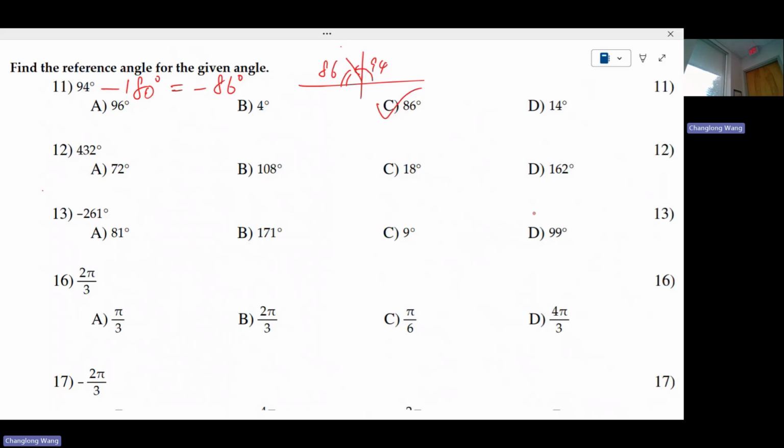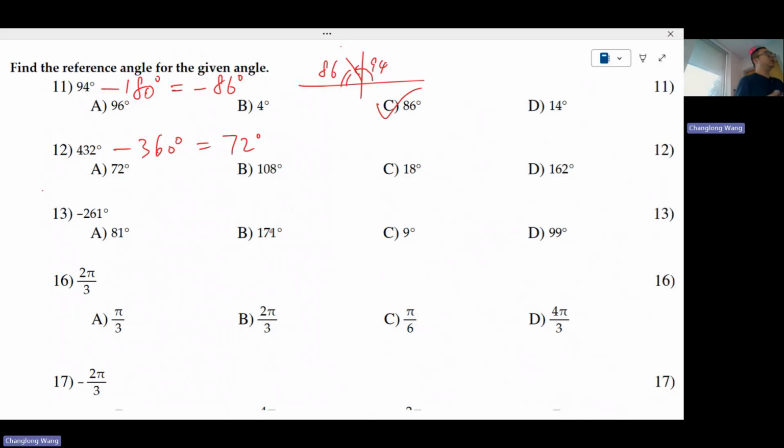So in this case, 432, before you think about getting the reference angle, why don't you just make it a little bit smaller, getting a smaller coterminal angle by subtracting 360? And you're getting 72. But then you say, wait a second, isn't 72 exactly what I want?